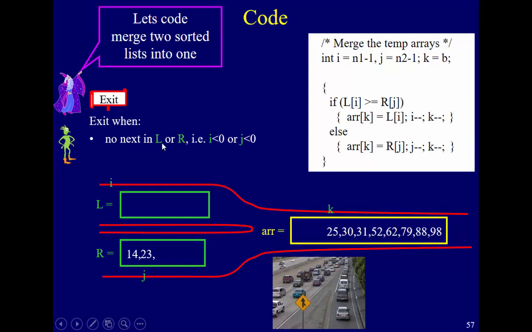When one of the lists is empty. Right? So if there's nobody in one of the lists, remember I is 0 is indexing the first guy, so that's fine. So when I is less than 0, then it's too small. Right?